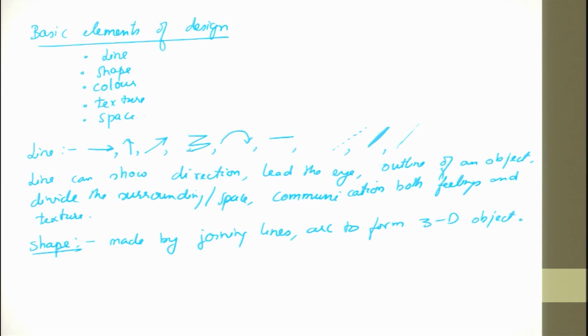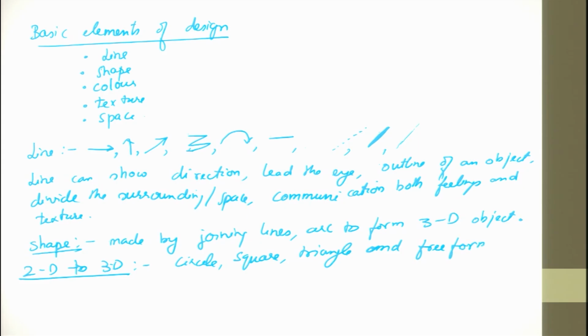The 2D shapes extended to 3D can be a circle, a square, a triangle, or any free form surface. Whatever you create in 2D can be extended to 3D to identify a shape, right.